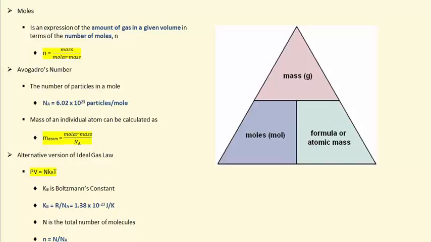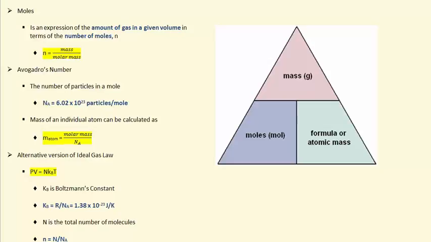If we look at our figure to the right, we see we have a triangle that has mass, moles, and the formula or the molar mass. If we know 2 out of the 3, we can convert to the third. So if we have mass divided by moles, it'll give us the molar mass.